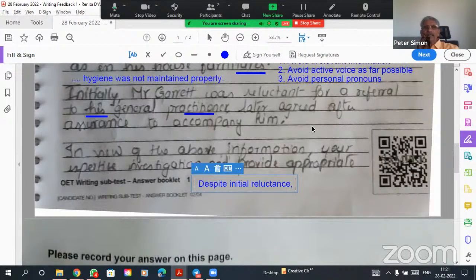Despite initial, later agreed after assistance to accompany him.